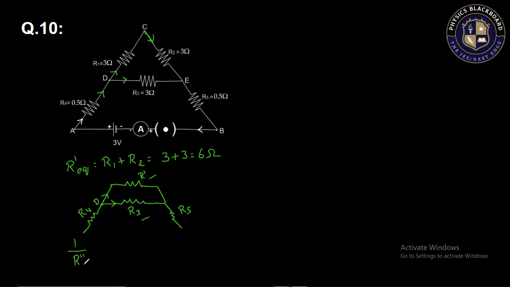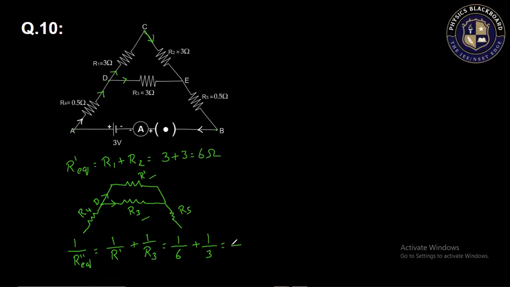So 1 by R double dash equivalent is equal to 1 by R dash plus 1 by R3. What is 1 by R dash? 1 by 6 plus 1 by R3. What is R3 here? 3. So what will you get?